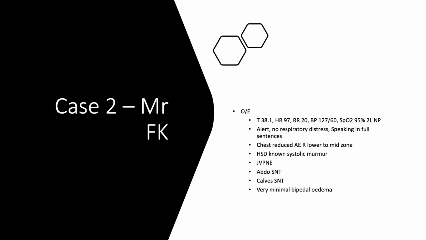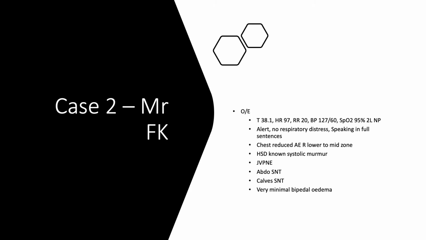Given that he's febrile, you would want to do a septic screen, so do your blood cultures, especially before you start giving antibiotics. Look for a focal source of infection, so do your urinalysis, checking for UTIs, and urine culture. Do sputum cultures if he's bringing up sputum, which he is.